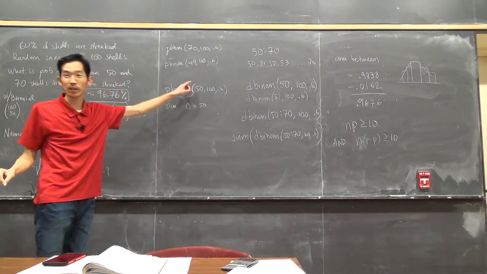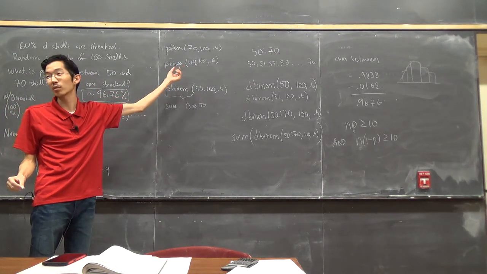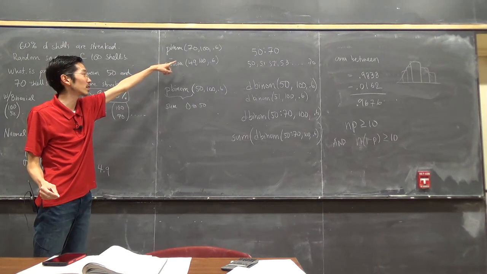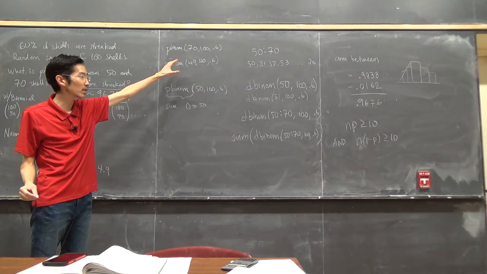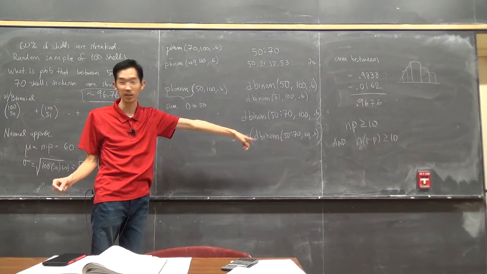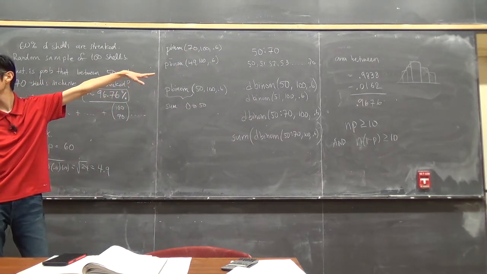Because if I do pbinom(50), it would subtract off getting 50, and I want to leave 50 in there, so I would do pbinom(70) minus pbinom(49). And you could put that all in one line, and you could double check. You can see if sum(dbinom(50:70)) is equal to pbinom(70) minus pbinom(49).